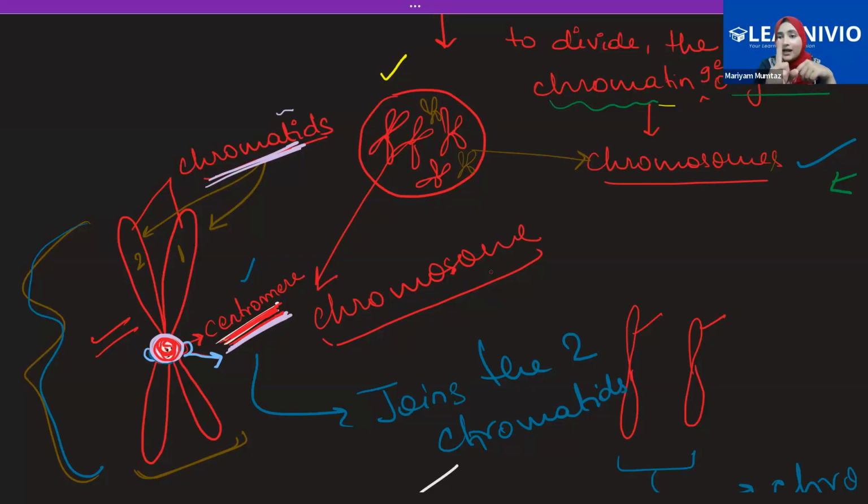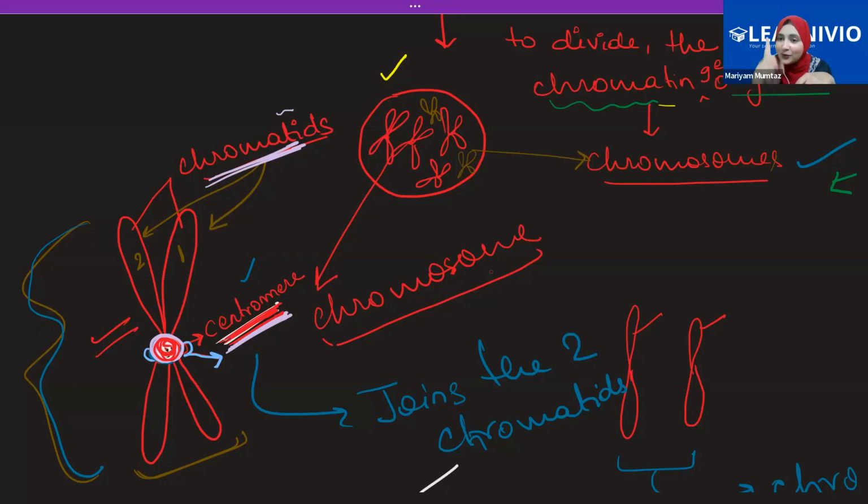So one chromatid plus one chromatid is equal to sister chromatid. No, the centromere is joining them.